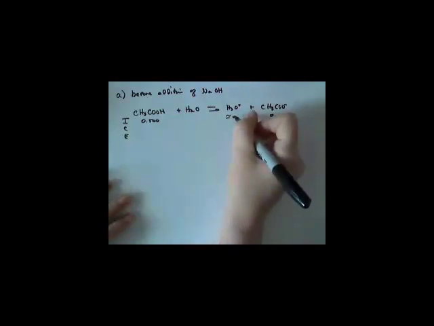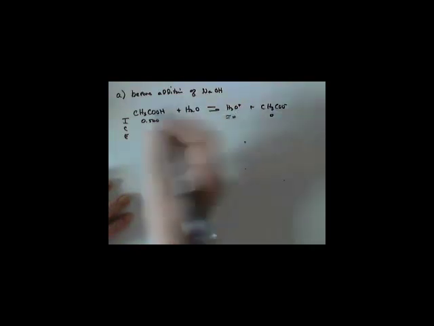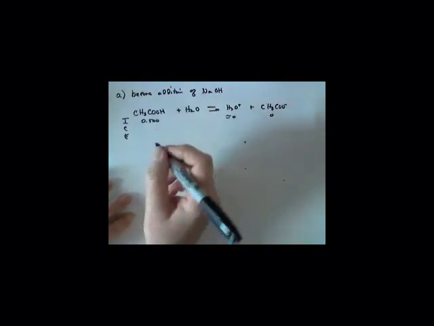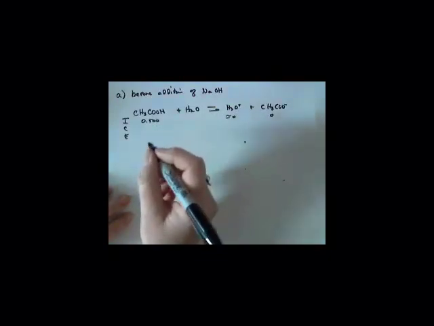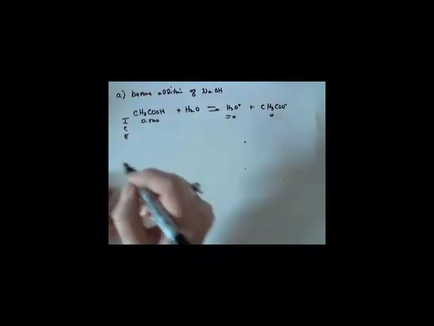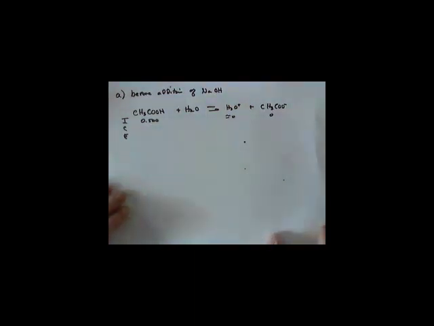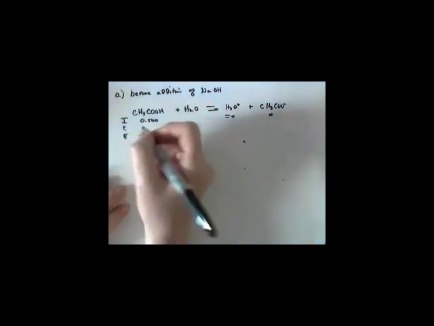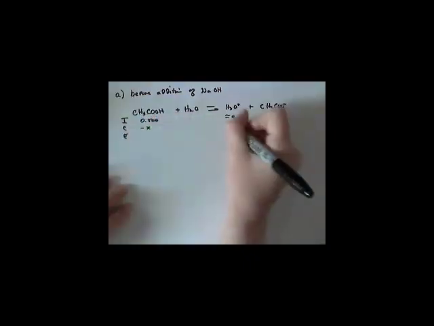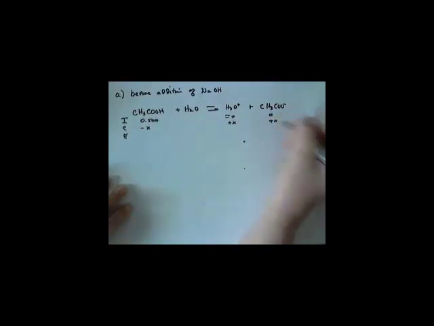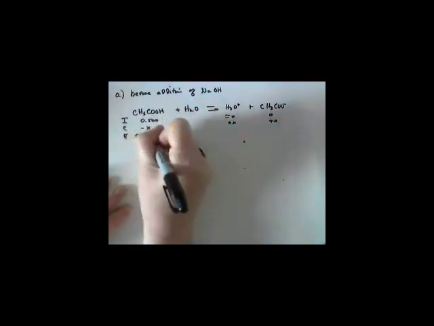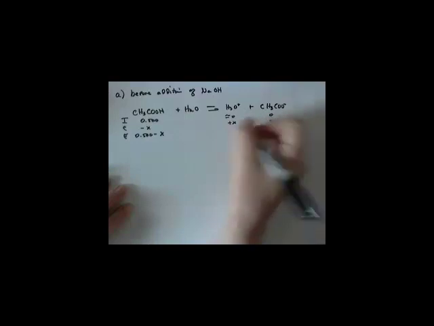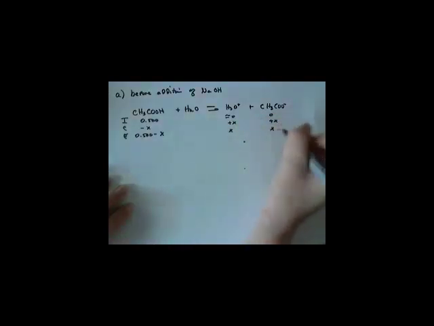Actually, this is not exactly equal to 0 because we have the autoionization of water, but in these cases we neglect it. If you get into quantitative analysis, then you would need to include that in your equilibrium calculations, but we don't do that here. So this is going to be minus some amount x, plus x, plus x, and then at equilibrium we have 0.5 minus x, and then just x and x.